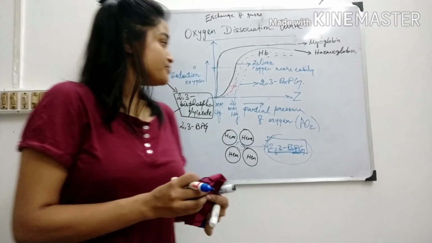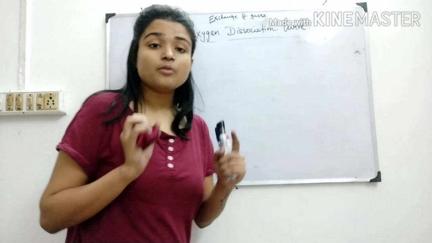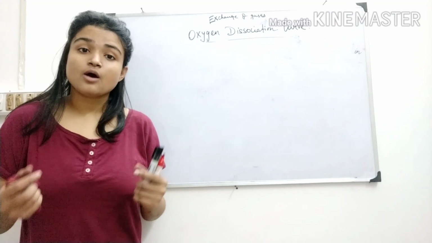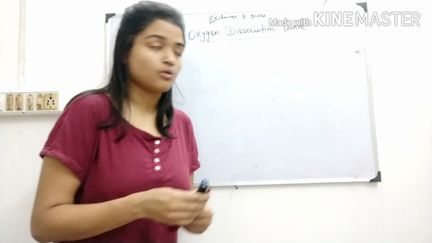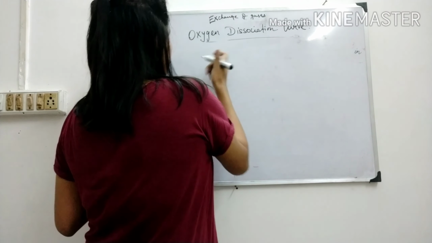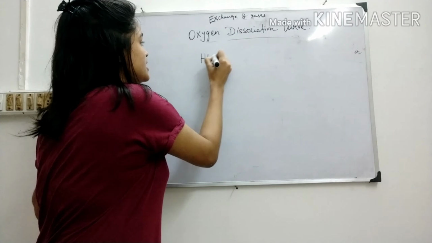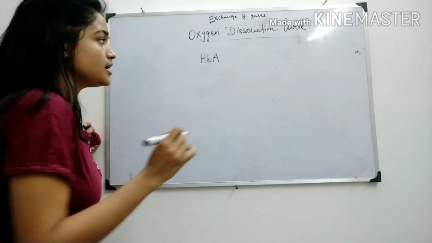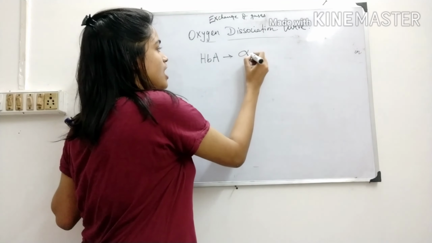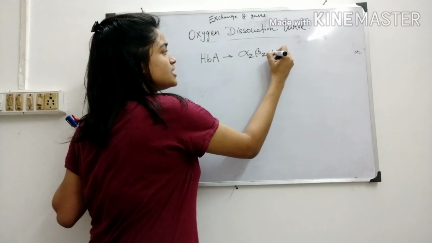One more thing is the hemoglobin present inside our body, that is adult hemoglobin. 90% of our hemoglobin is HbA, formed of alpha 2, beta 2 chains.